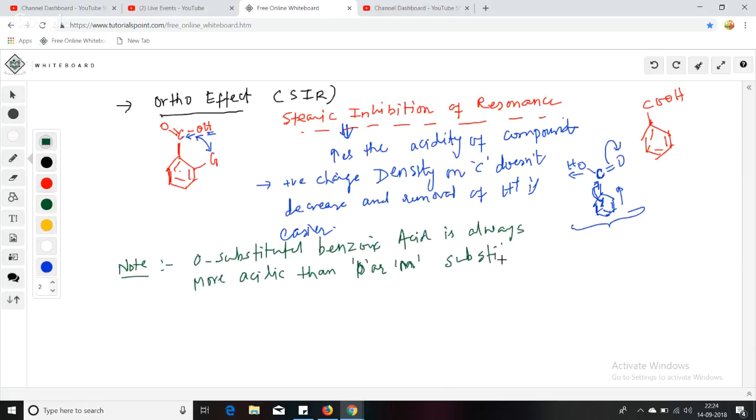We'll see the example, then you will understand. But this you must keep in mind. The reason behind this is steric inhibition of resonance, which we also call the ortho effect.